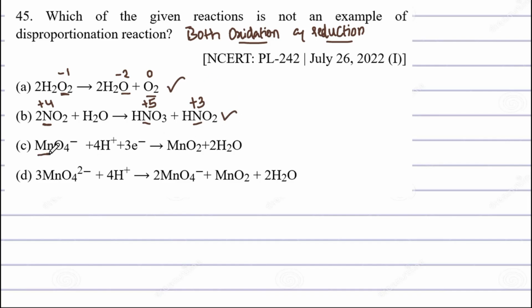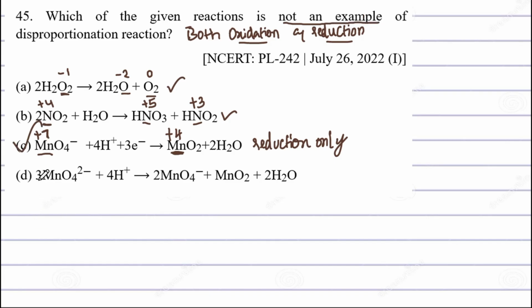Then the oxidation state of manganese in MnO4⁻ is +7, and in the product there is only one manganese compound, MnO2, where the oxidation state is +4. So there is only a decrease in oxidation state, only reduction. So it is not a disproportionation reaction. They are asking which is not an example, so the correct option is option C.